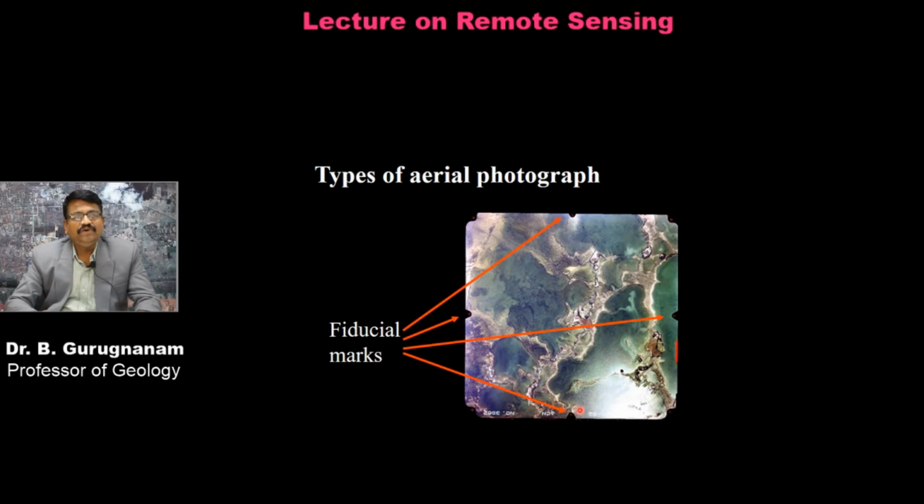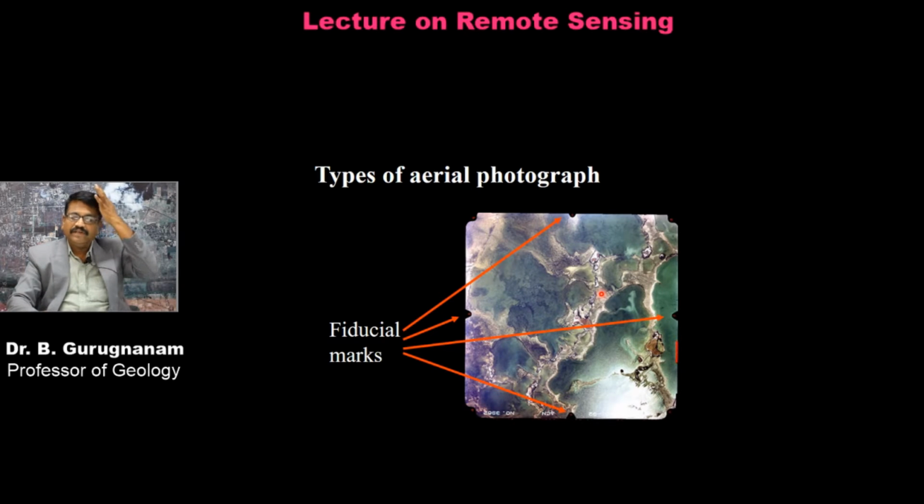And normally one should know how an aerial photograph has to be studied. On every film they have kept a V-shaped notch on all four sides at the center, which are called fiducial marks. Very, very important. If you connect the fiducial marks, exactly at the center you have the principal point, and only then is it a vertical photograph. Here, what does it mean? Everywhere the scale is uniform.